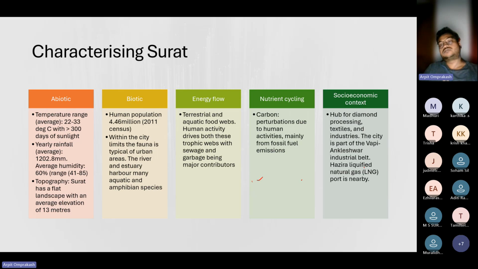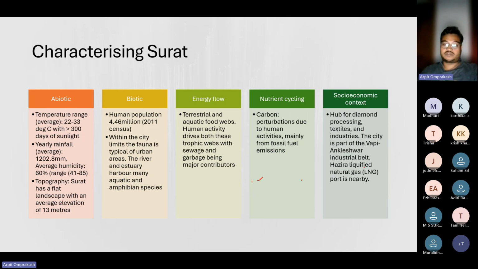Then we have the socioeconomic context, which tells us why Surat is an urban area and how it is growing. What are the reasons because of which it is growing as an urban area? For example, Surat is a big hub for processing diamonds, and it has a lot of industries related to the textile business and so on.